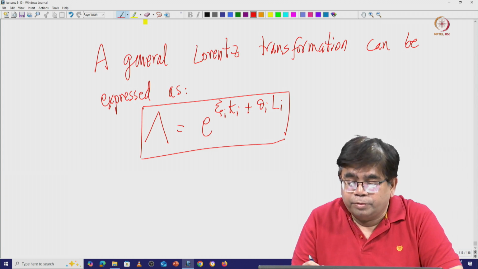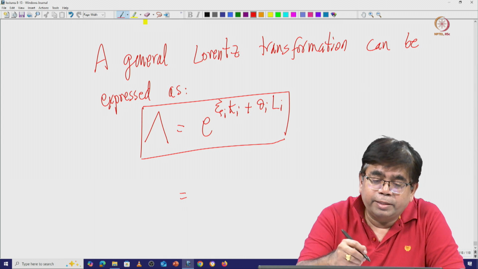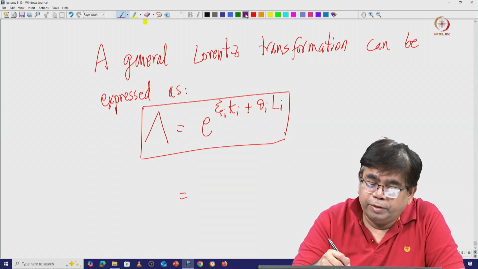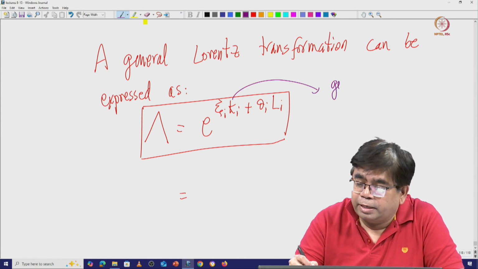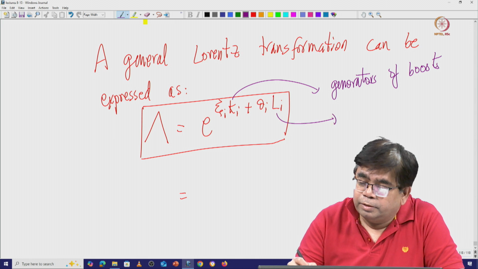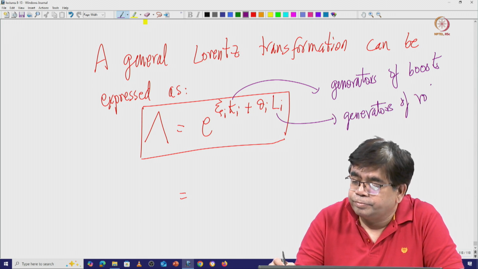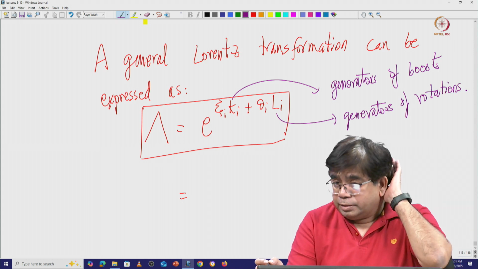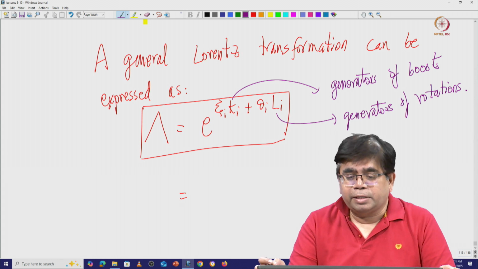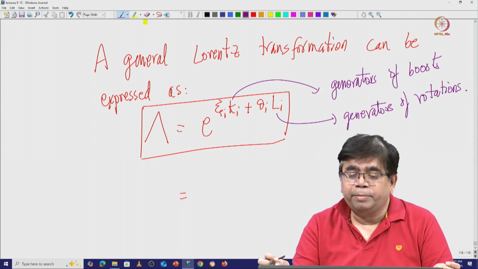Now why is this the case? Because we know the K's are generators of boosts, the L's are generators of rotations, the xi's are the rapidity parameters, there are three of them, and the thetas are the angles of rotation.